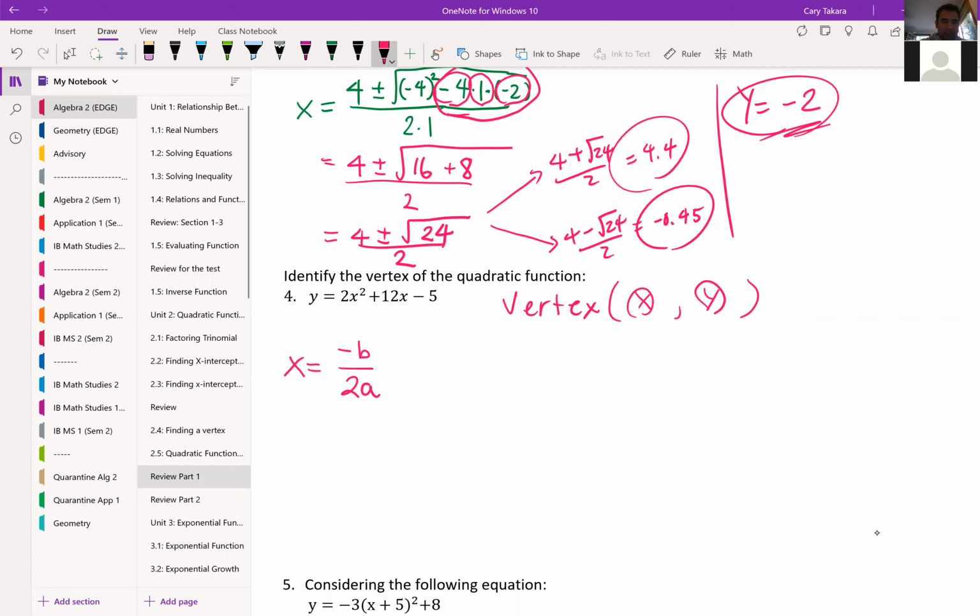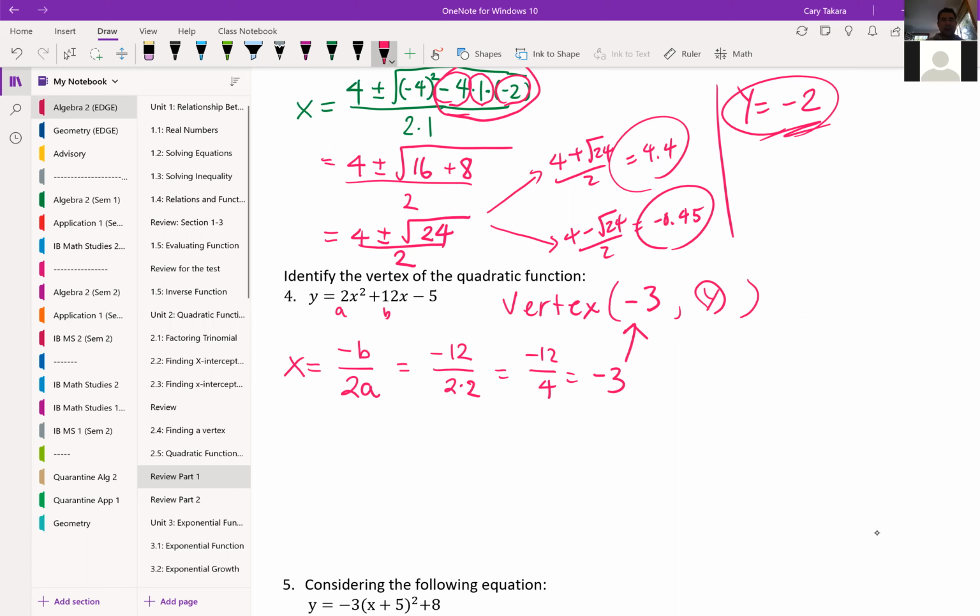So a is 2, b is 12. The opposite of b will be negative 12 over 2 times 2. Negative 12 divided by 4 is negative 3. And that's the x coordinate of the vertex: negative 3.